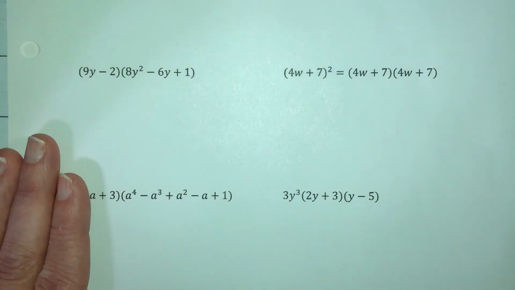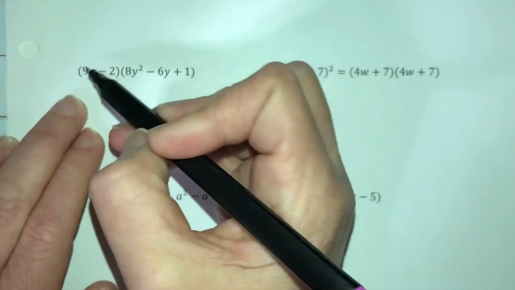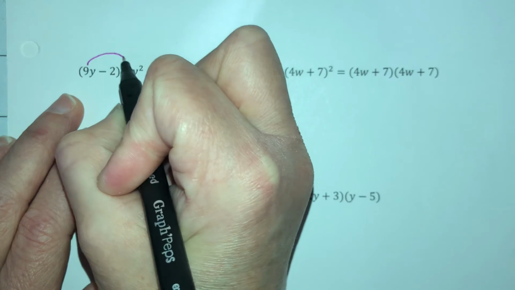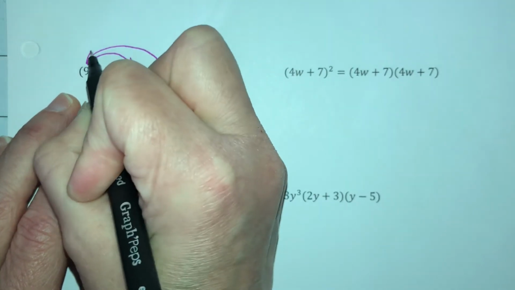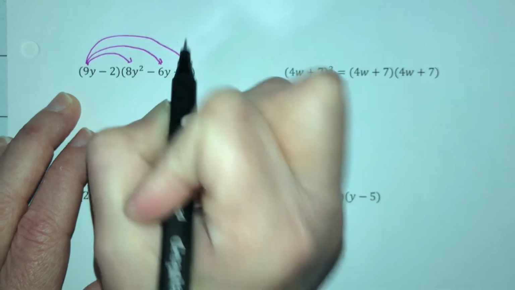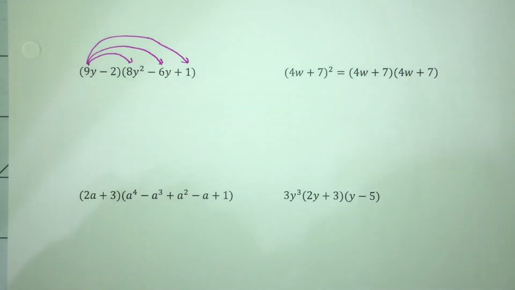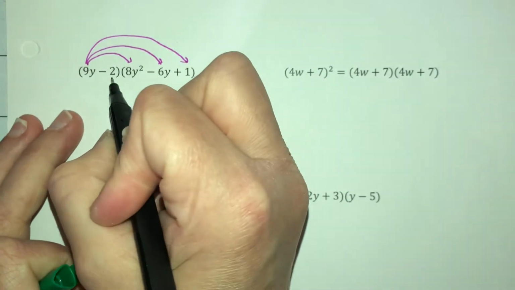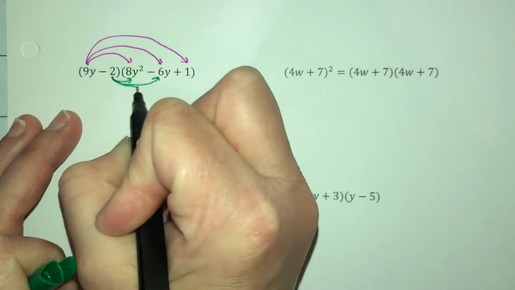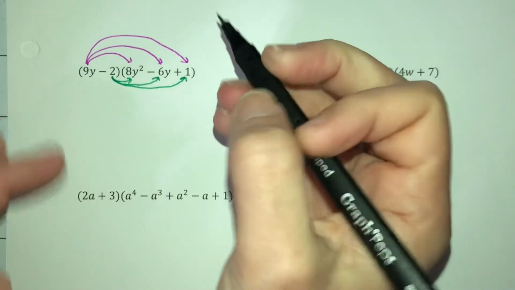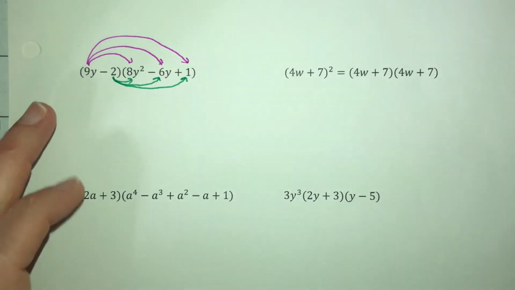It is still distribution. What you want to do is take your first term and distribute. And then we're going to come back and do the same thing with the second term. And then we're usually going to have some like terms that we have to combine and make it look pretty.